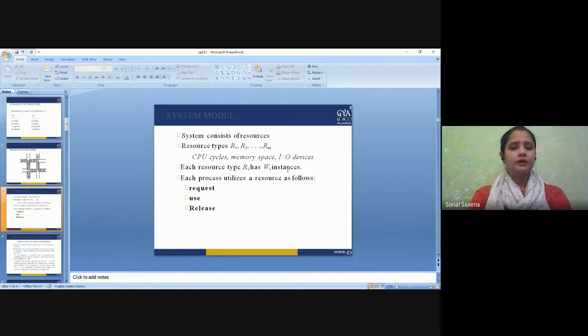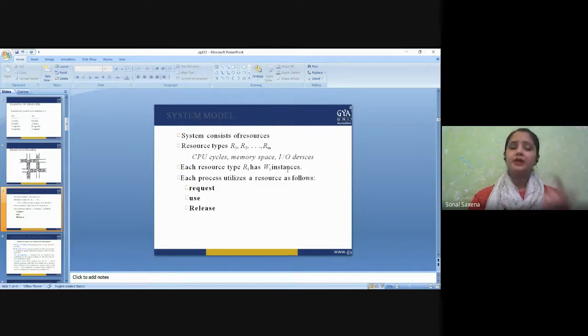Now, each process utilizes a resource. How? There is a cycle sort of thing: a process that wants to use a particular resource has to go through a three-step process. What is it? First of all, the process has to make a request to the resource. A process cannot directly grab a particular resource.